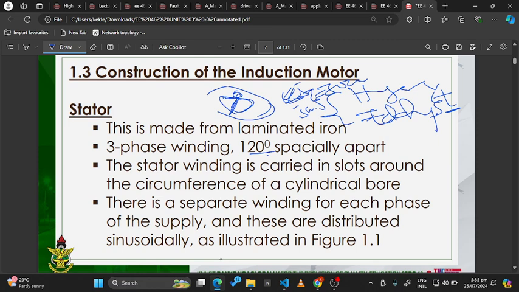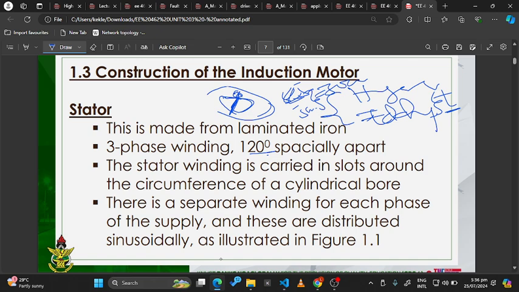So your air gap definitely needs to be bigger, because you have to consider the diameter of the rotor plus the windings on the rotor.